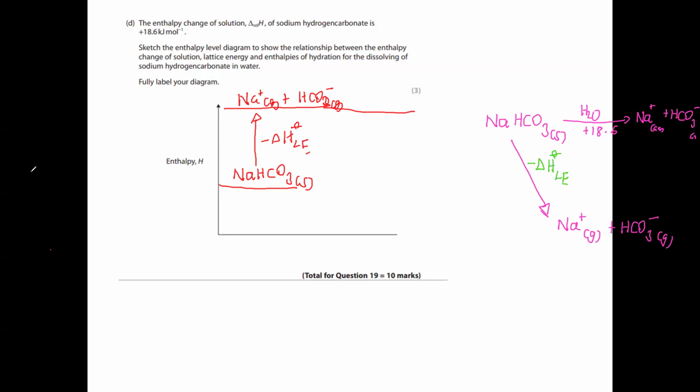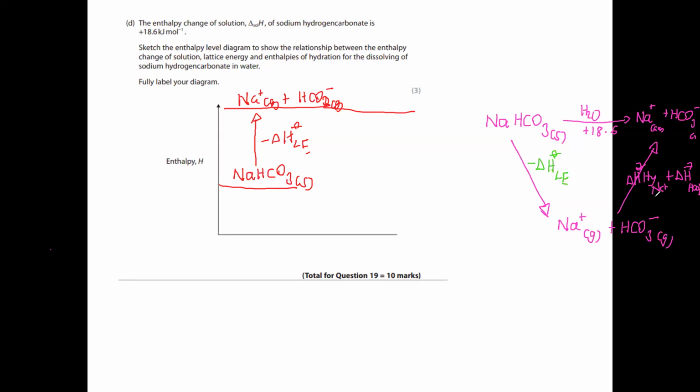Then we have to take these gaseous ions and add water. When I add water, what will happen? They will start hydration. So there will be the standard hydration enthalpy of sodium plus ion plus the standard hydration enthalpy of hydrogen carbonate ion, HCO3 minus. Both ions will hydrate.